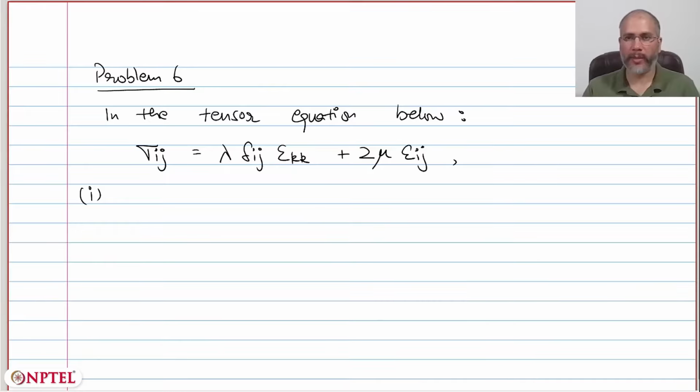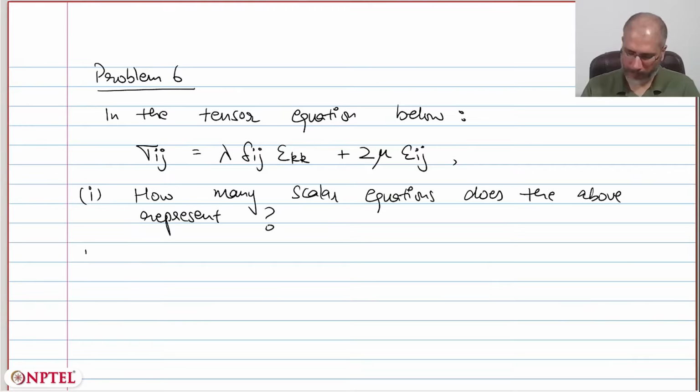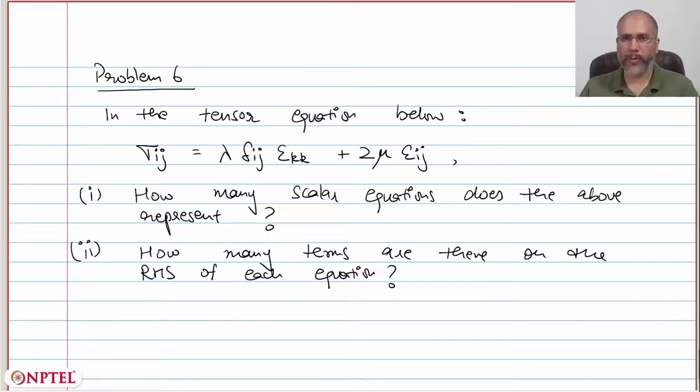In the first part, it is asked how many scalar equations does this tensor equation represent, and in the second part it says how many terms are there on the right hand side of each equation. So this problem is being provided for you to appreciate that the use of indicial notation results in a large amount of compaction of the information. So let's solve this problem.